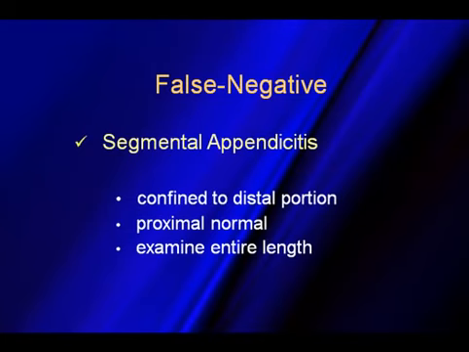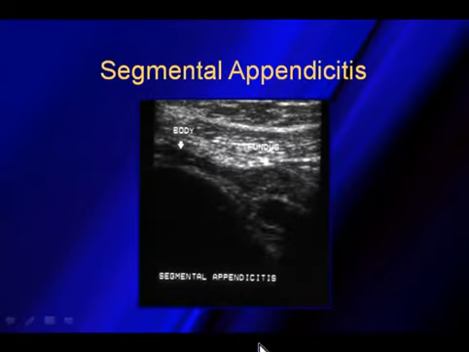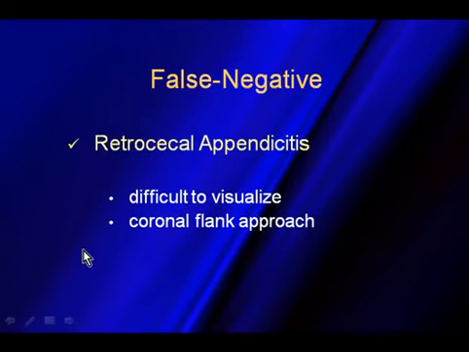We've already talked about this, but it's something very important. Make sure that you scan to the distal end of the appendix. Segmental appendicitis is when the proximal portion is normal, and make sure you do see that distal. So looking here, you can see the body of the appendix is normal. Here the fundus is just abnormal, so a small case of segmental appendicitis.